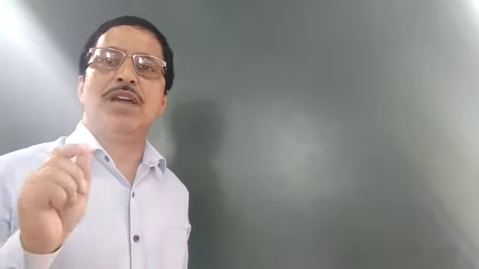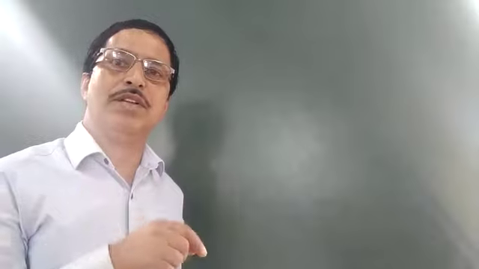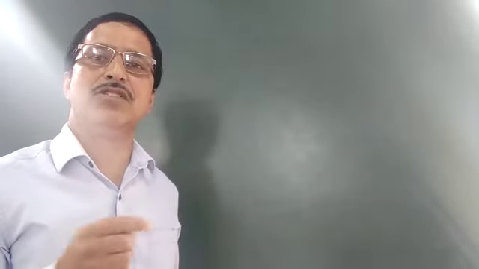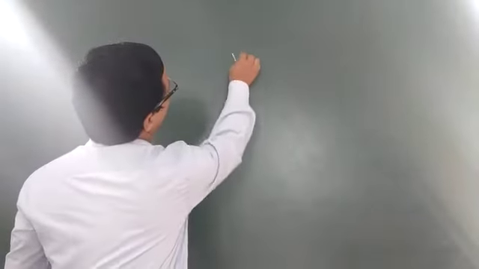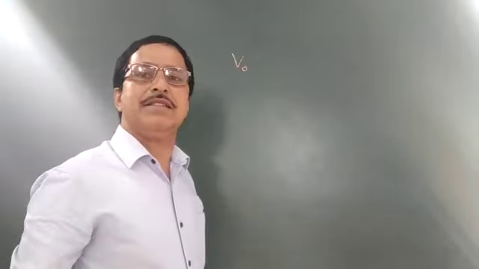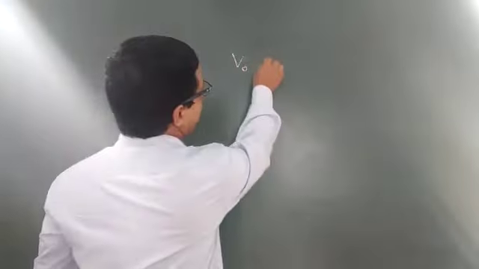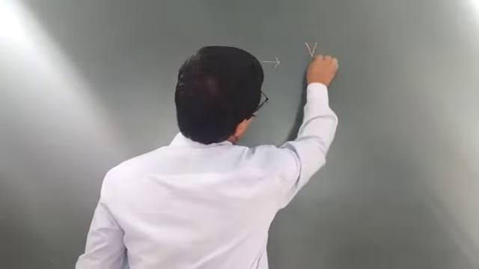The root mean square value of the voltage or the current in case of alternating current is the effective value of the voltage or current. It means if we have a voltage of peak value V0, then its effect in the circuit will be equal to that of V0 upon root 2.